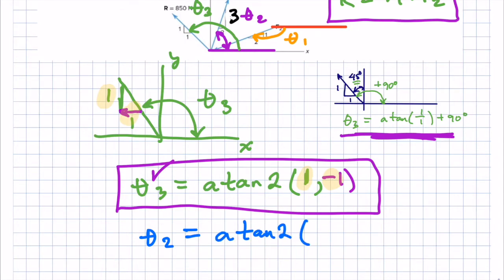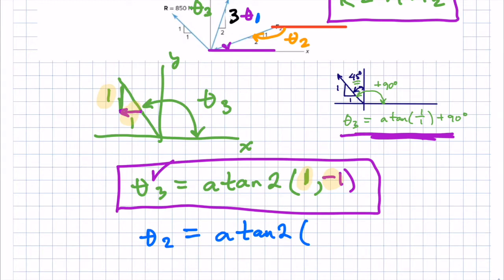Let me clear off some space here where you can see it. I labeled these wrong. Sorry, this would be theta 1 because it's associated with F1, and this would be theta 2. If we're looking at theta 2, it's this orange angle.